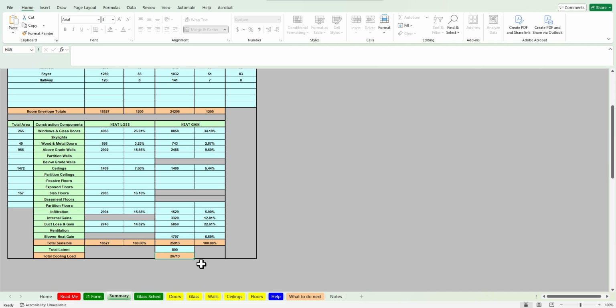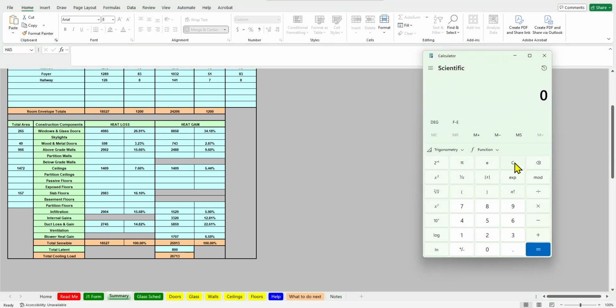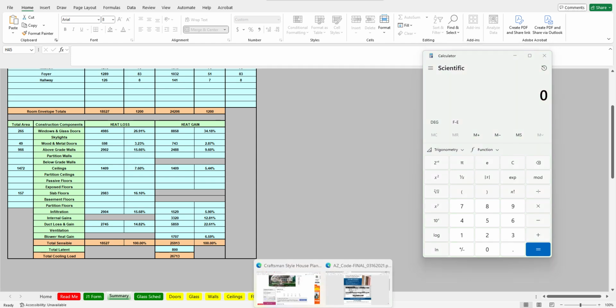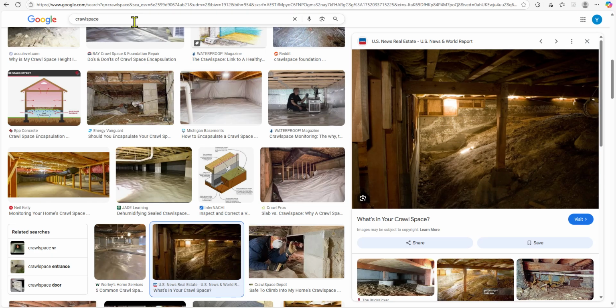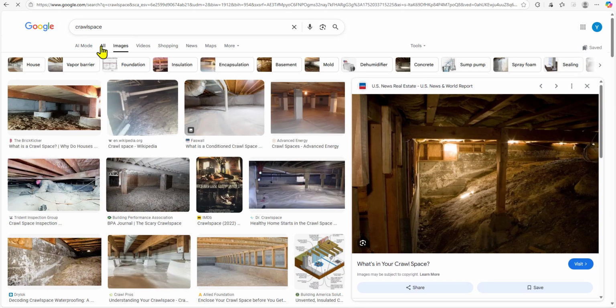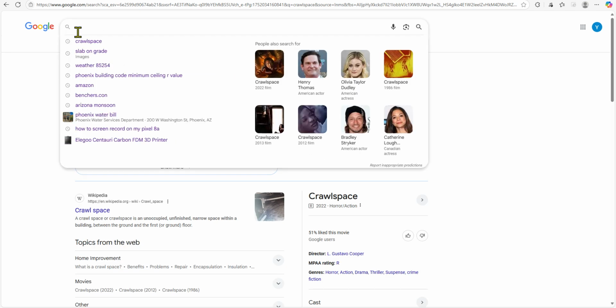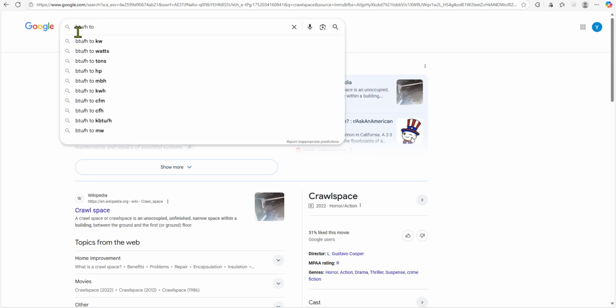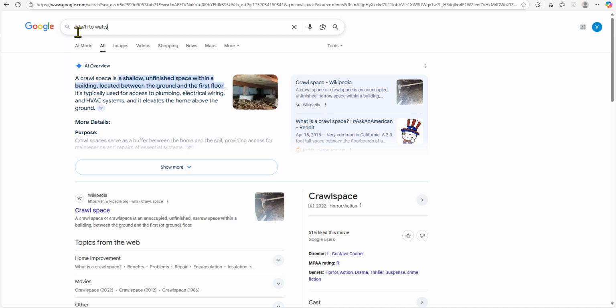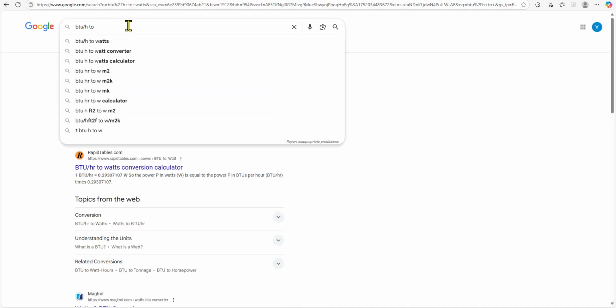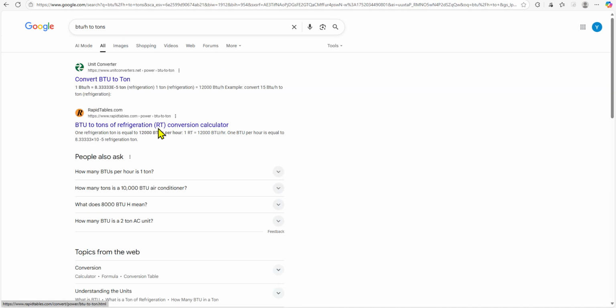So the total cooling load is 26,713. Some of you may be familiar with air conditioning tonnage. So you can divide this number by 12,000. So why am I saying 12,000? Okay, let me explain. So we will say BTU per hour to tons. One refrigeration ton is equal to 12,000 BTUs per hour.